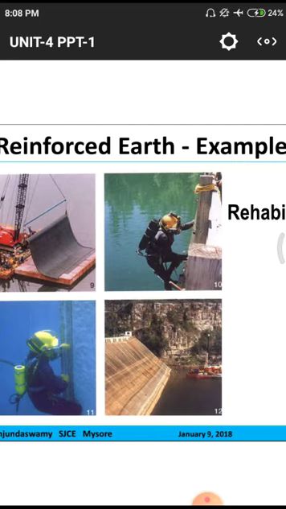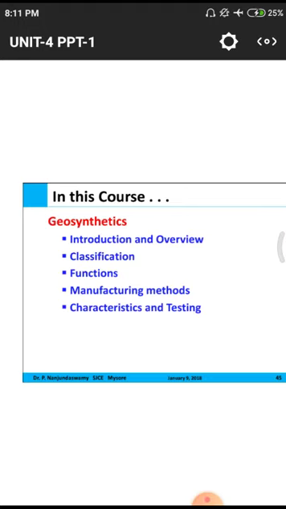Those synthetics are responsible for improving the soil properties, so we call those synthetic materials geosynthetics. That means these polymers or polymeric materials improve the geo properties, that means earth properties. In this introduction, we have to observe classification, functions, manufacturing, characteristics and statistics.